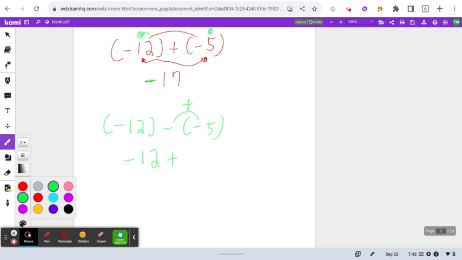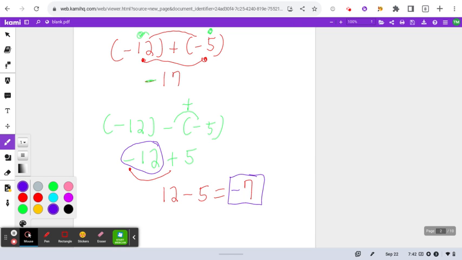This would turn into a plus 5. So remember, now you have opposite signs. You have a negative and a positive. You subtract those two numbers, and 12 minus 5 is 7. And then you do what we did on the previous problems. Look at the number. 12 is bigger. It's a negative. So there's more negatives than positives.